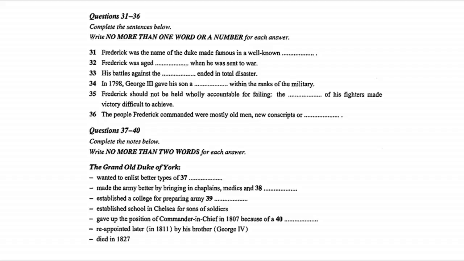Frederick was born on the 16th of August, 1763, and from the age of 17 he had been trained as a soldier. When war broke out between England and France in 1793, his father, the king, insisted that he should command the British contingent that was being dispatched to Flanders to cooperate with the Austrians and the Dutch.